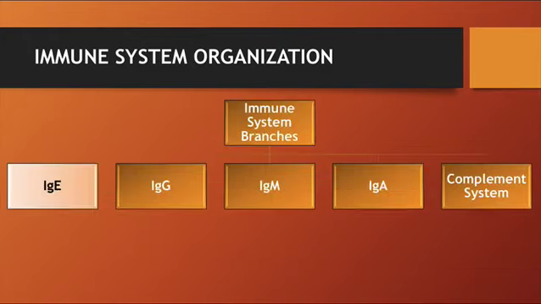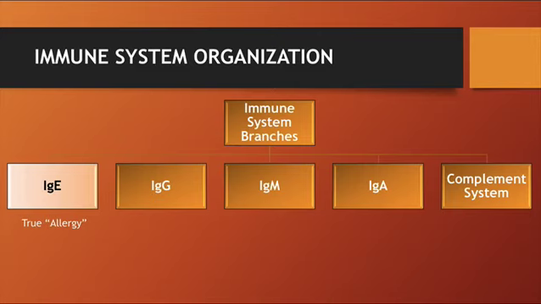We have different branches, and we've already met IgE, which is part of the true allergy system. So we can put this up here, that IgE pathways or reactions within that branch are considered true allergies. And that could be foods, it could be environmental things like pollen or dust or those types of things. Any reaction that happens in any of these other pathways are not considered allergies because they're non-IgE.